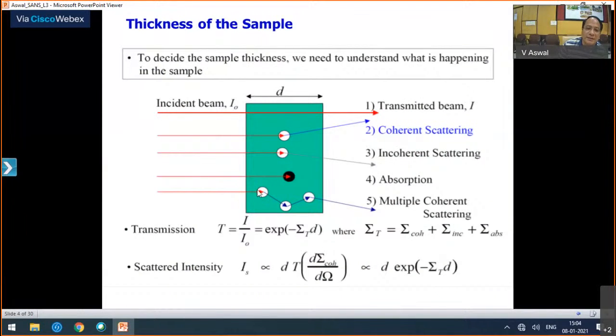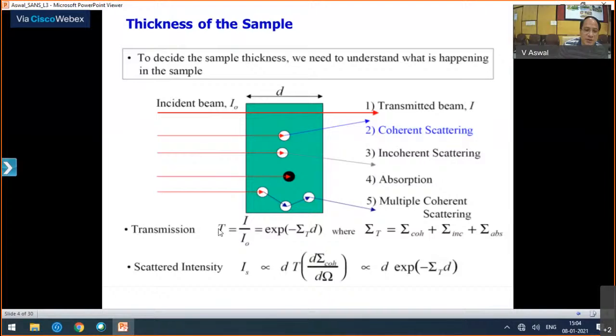And as I said, there is always the possibility that you don't have just single scattering, but the scattered neutrons can also undergo multiple scattering, and that's what you should minimize, because your theoretical models are mostly for single scattered neutrons.